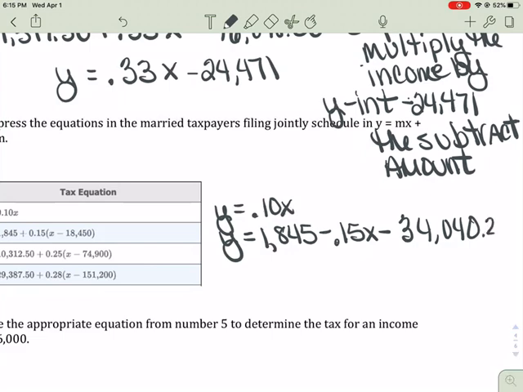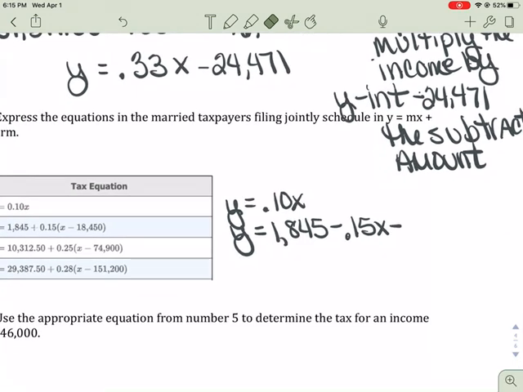Nope, that's not right. I entered it in my calculator wrong. So let's try that again. Not doing good today, guys. 0.15 times 18,450.